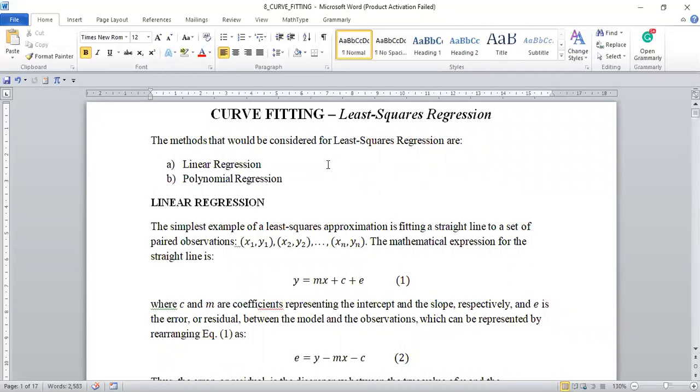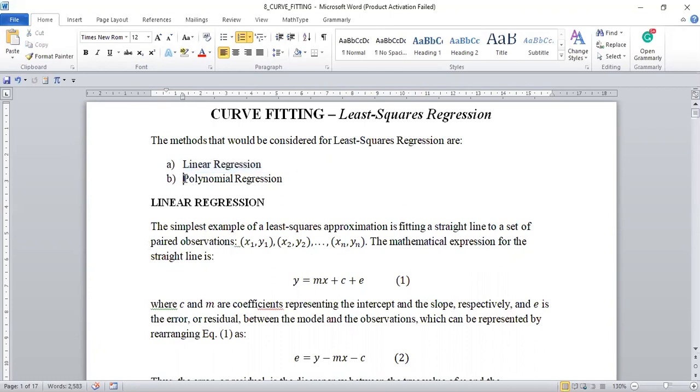The methods of least-squares regression that will be considered start with linear regression. For linear regression, we are going to fit a straight line through the data, trying to describe the general trend of the data using a straight line.